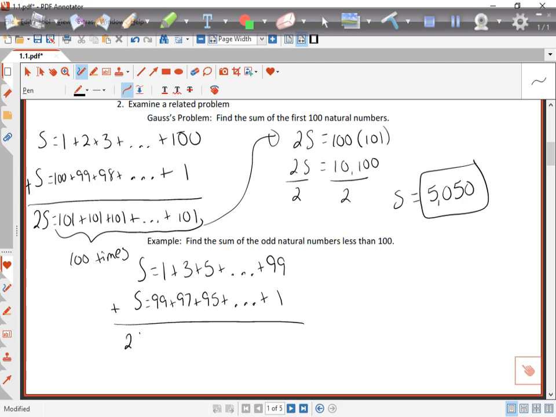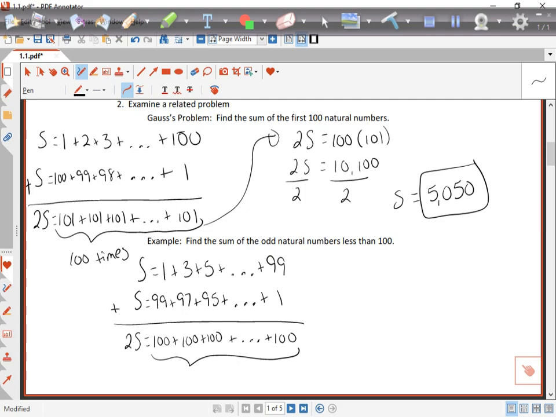Add them, 2S. This time each column adds up to 100. Now we've got to figure out the number of times this happens. Since we're talking about all the odd numbers up to 100, that's half of the numbers. So if we went from 1 to 100, that would be 100 numbers.